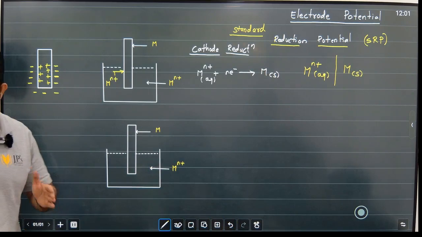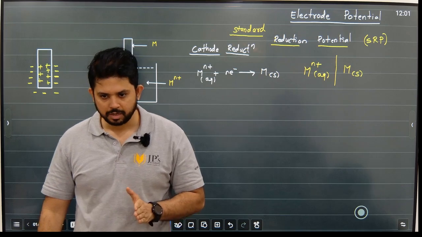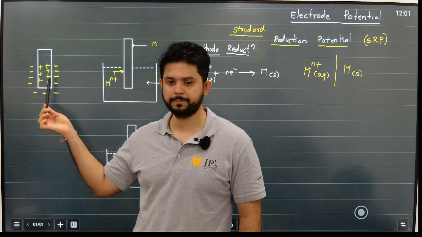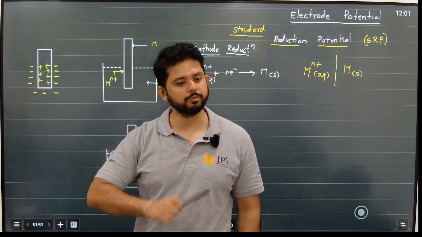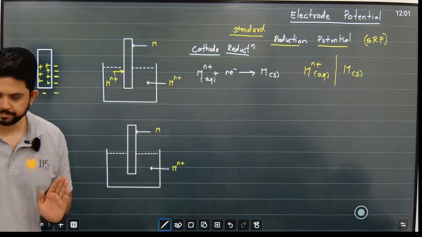So whenever there is any electrode which undergoes reduction, the potential difference which develops here because of reduction, हम उसको क्या बोलेंगे? Did you people get that?